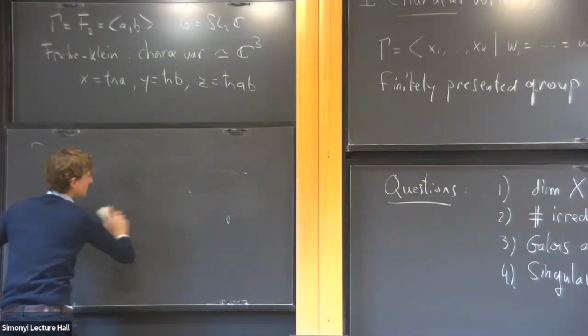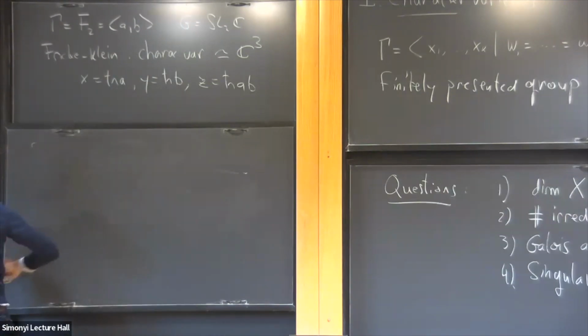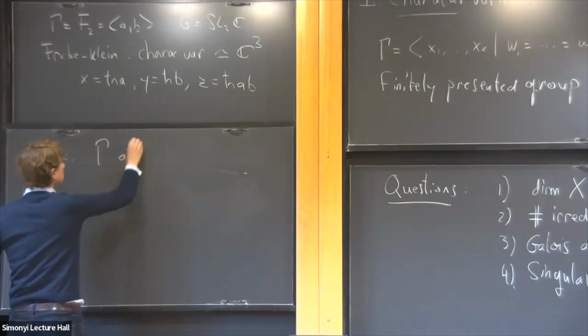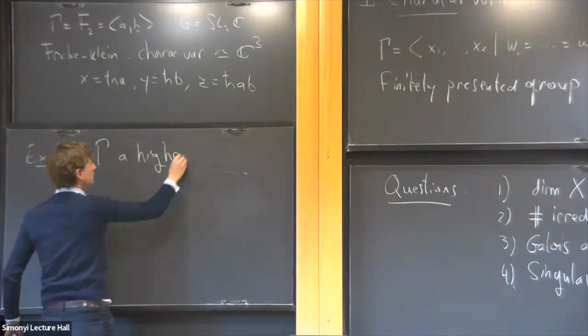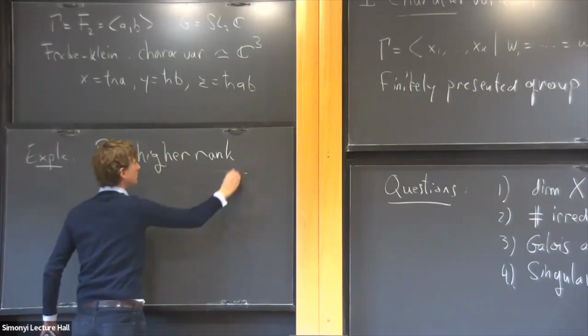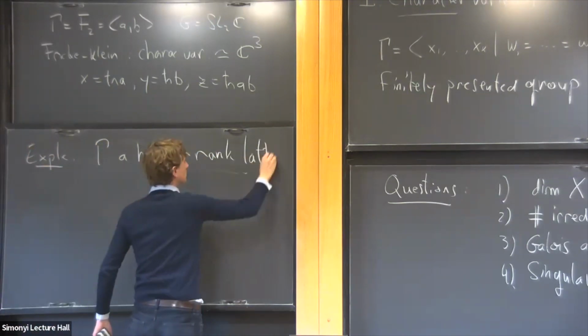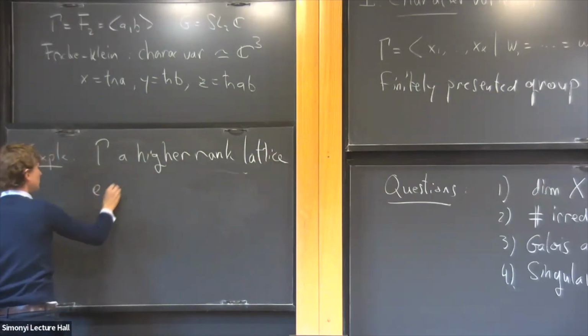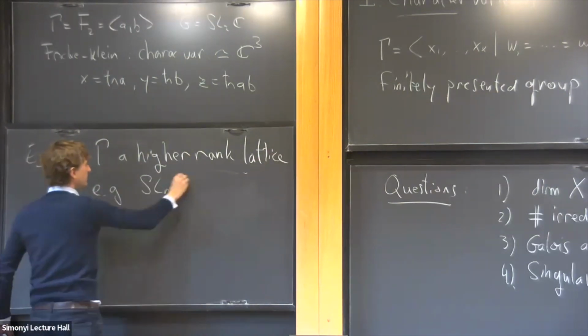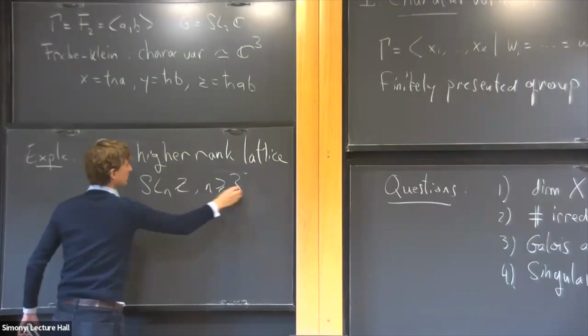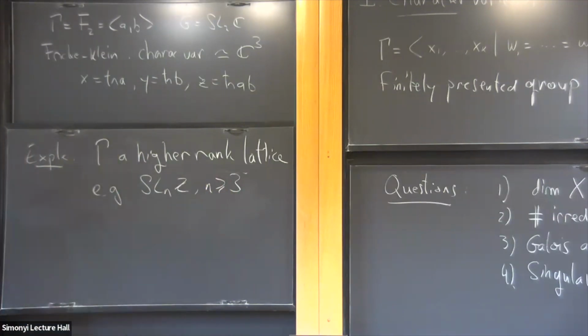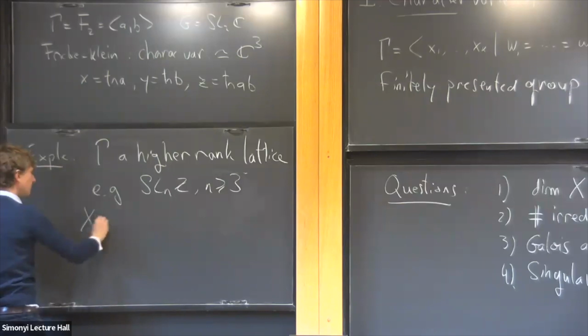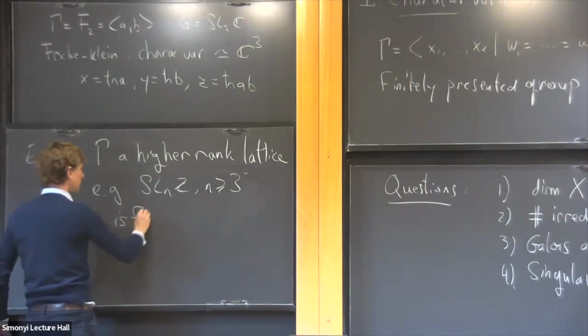Another example: if gamma is, let's say, a higher rank lattice, for instance SLn(Z) when n is 3 or more, then we know that in this case X gamma is finite.